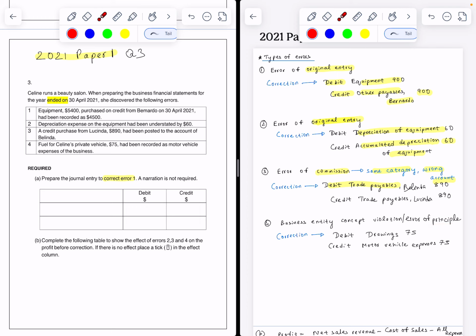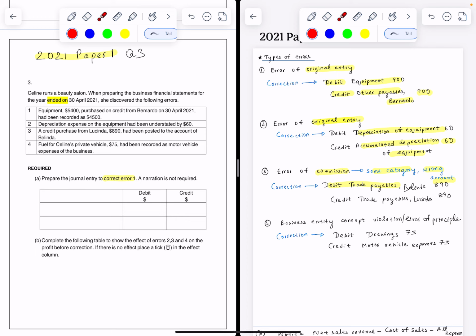We understand that we wrongly recorded this private expenditure as a business motor vehicle expense. So we would have debited the motor vehicle expense by $75 as a mistake. Now we have to get rid of this mistake, which is to reduce this motor vehicle expense by $75. Expenses, when they increase, we debit them. But now that we have to reduce it to correct our mistake, we credit it.